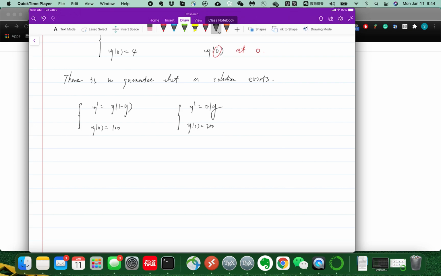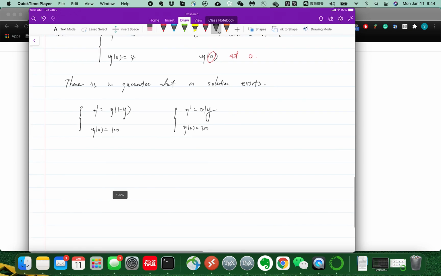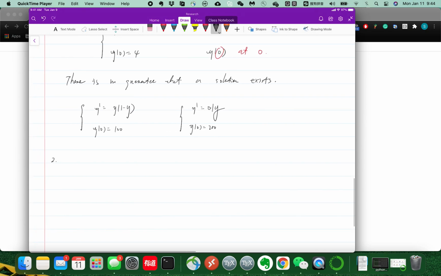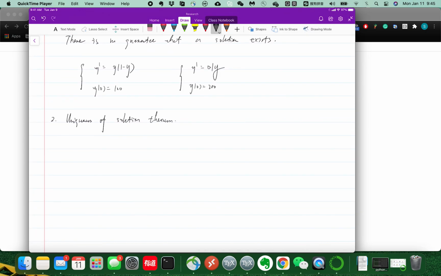Now, the second thing, we want to talk about uniqueness. We have done some examples before where the solution is actually not unique, so we do know this is necessary. So let's do it.